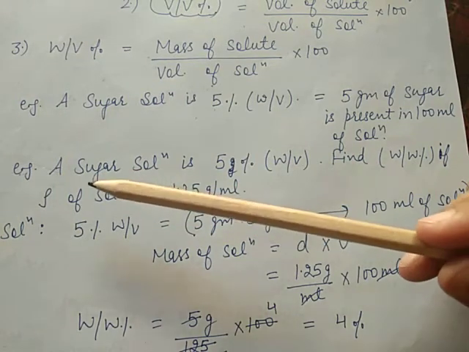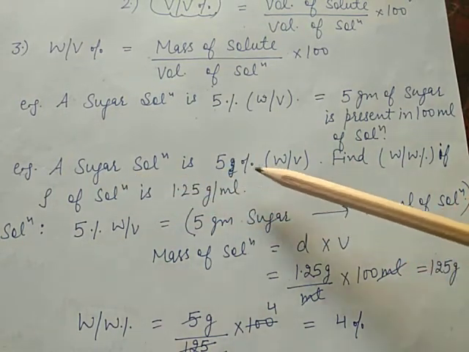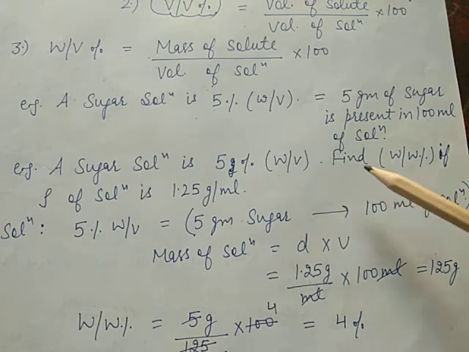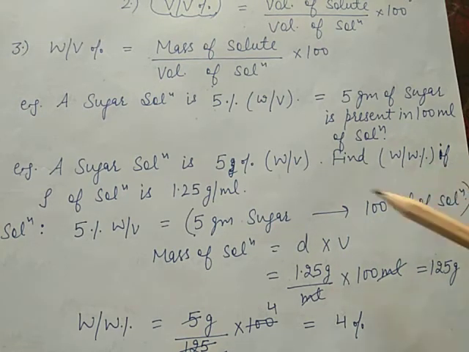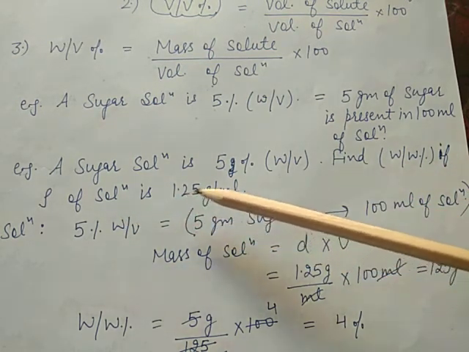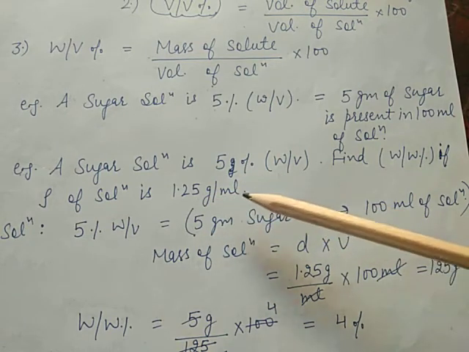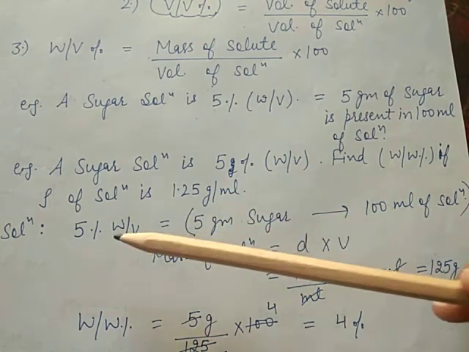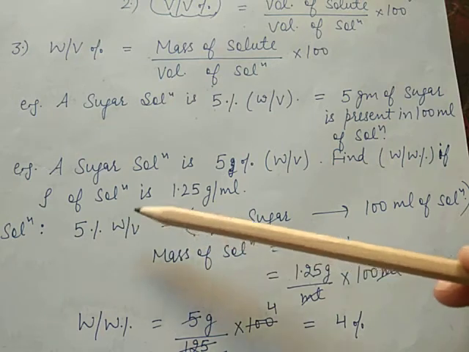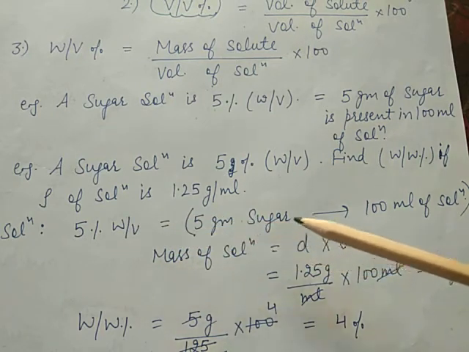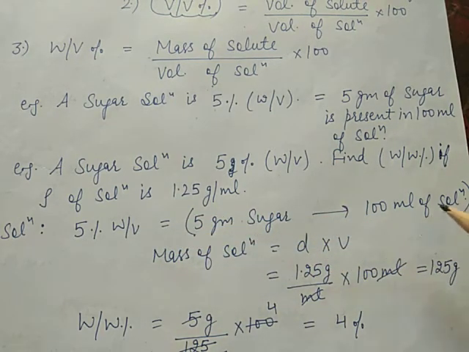Take one example. A sugar solution is 5% mass by volume. Find mass by mass percentage if the density of solution is 1.25 gram per milliliter. It means 5% mass by volume means 5 gram of sugar is present in 100 ml of solution.